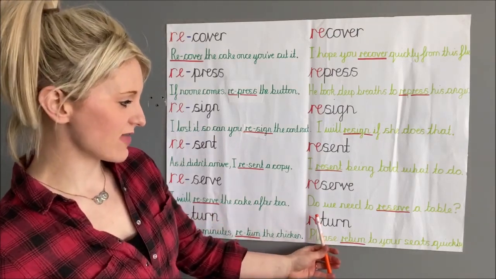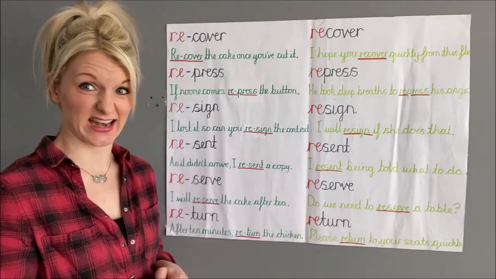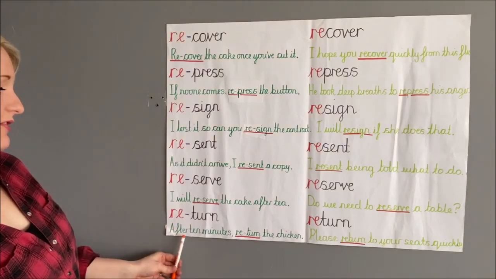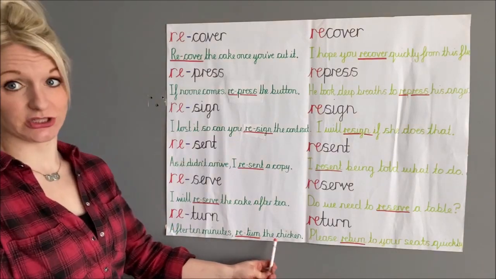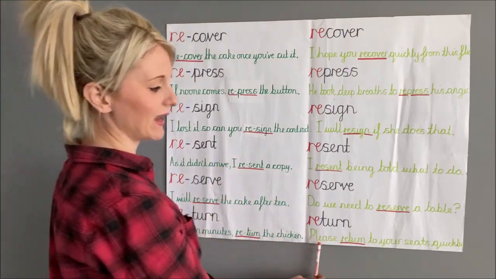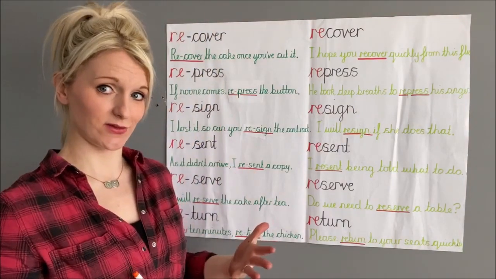And over here, that shows that that is different to do we need to reserve a table, as in keep it free. Over here, we've got after 10 minutes, re-turn the chicken, so turn it over again, compared to please return to your seats quickly, as in go back to your seats quickly.